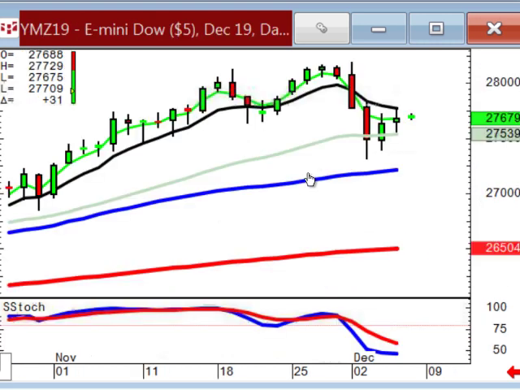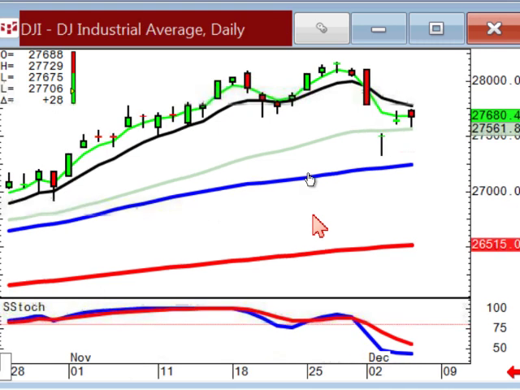Yeah, that's the Dow E-mini. So it's showing right now that the futures for the Dow is up 29 points. Oh, the last chart we had, that was the Dow itself.